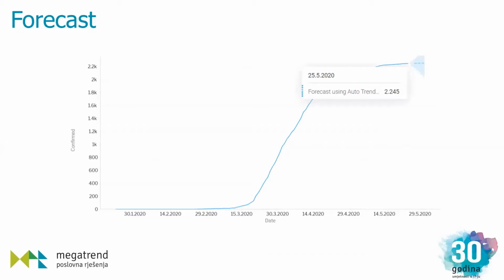Just for the comparison, the actual value was 2,244 confirmed cases in Croatia. So the forecast in this case was pretty accurate, but again, this data is very ungrateful for making any forecasts. However, this functionality can be very useful for, let's say, more stable data with less noise.